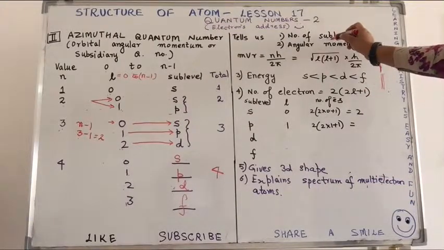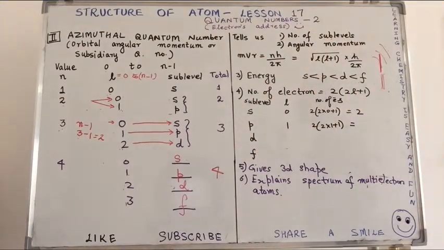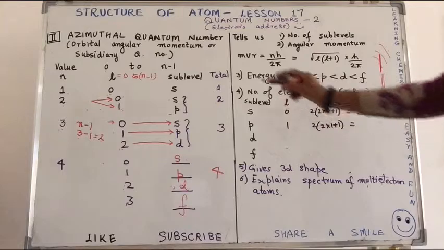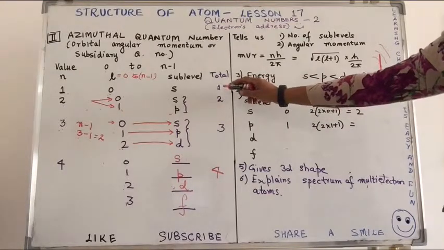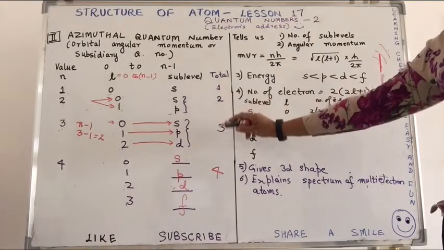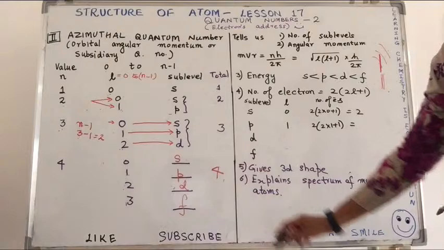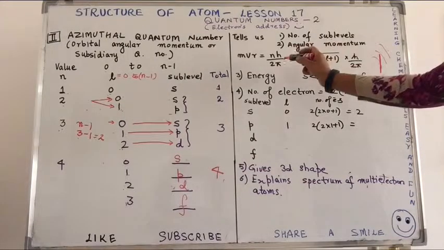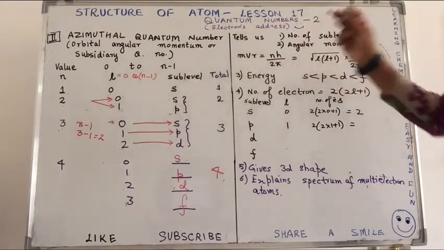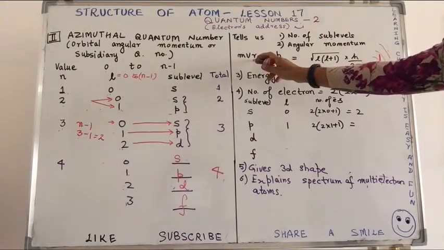Now this azimuthal quantum number, as we have seen, gives us the total number of sublevels in any energy level. So first energy level 1, second energy level 2, third energy level 3, fourth energy level 4, and so on. It also gives you the value of the angular momentum. Bohr's concept said that the angular momentum is quantized.